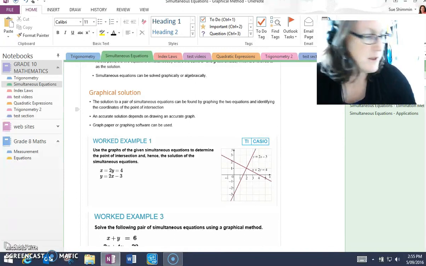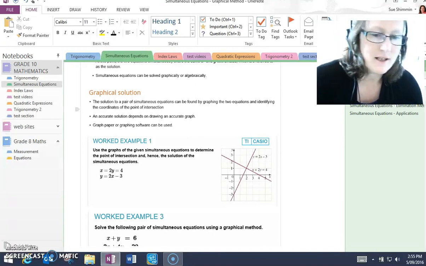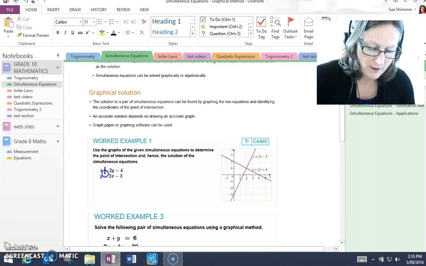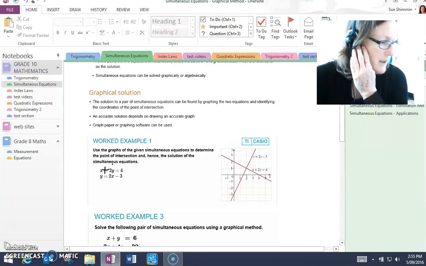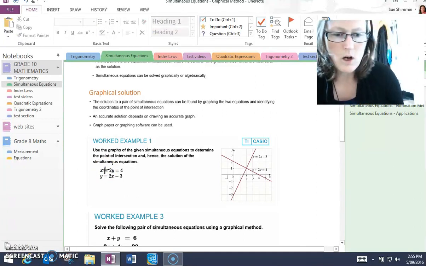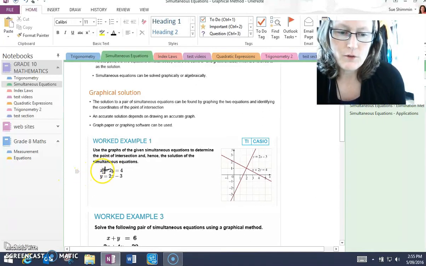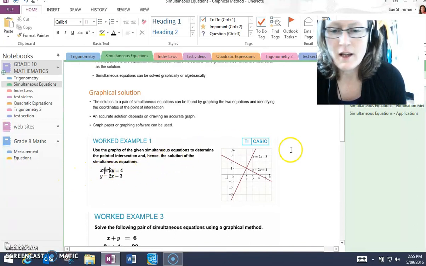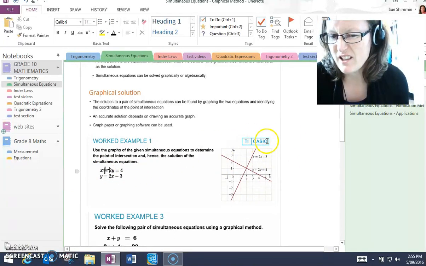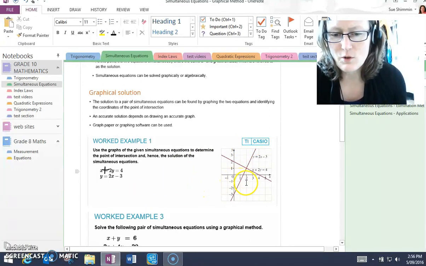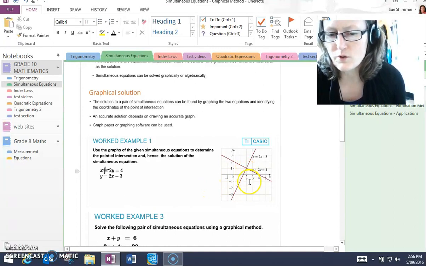There is actually a mistake in your textbook here. It should say x plus 2y equals 4, and y is equal to 2x minus 3. So from those two equations, they have been graphed. Here gives you a clue that it's been graphed on the calculator. The solution to these two simultaneous equations is the point where the two lines cross.